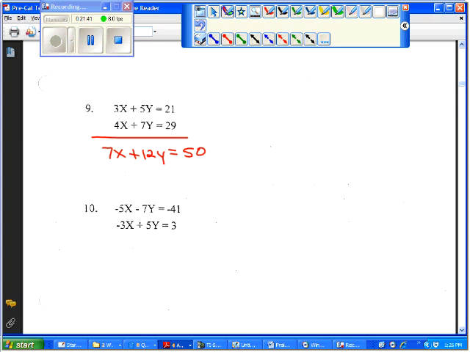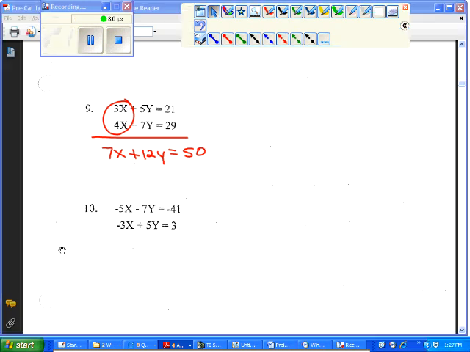That doesn't help me because I still have 2 unknowns, x and y. I can't solve. I need to fix it so that when I add it, one of them gets canceled out. That's the whole idea of the elimination method. When I added them as they presently are, nothing got eliminated. It's not going to get eliminated unless these are opposites, right?